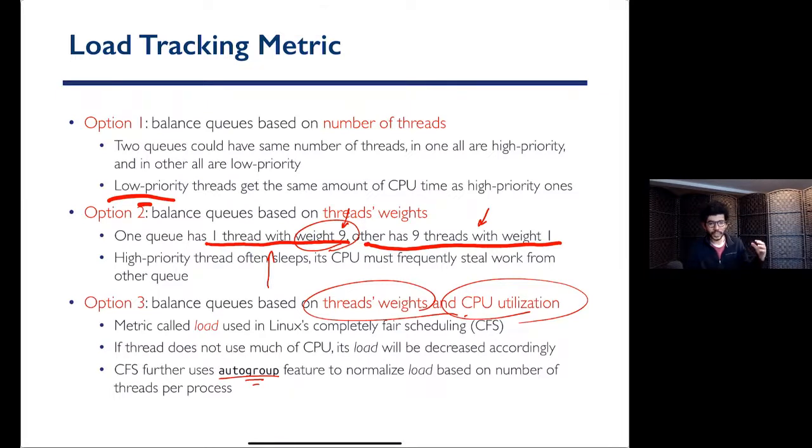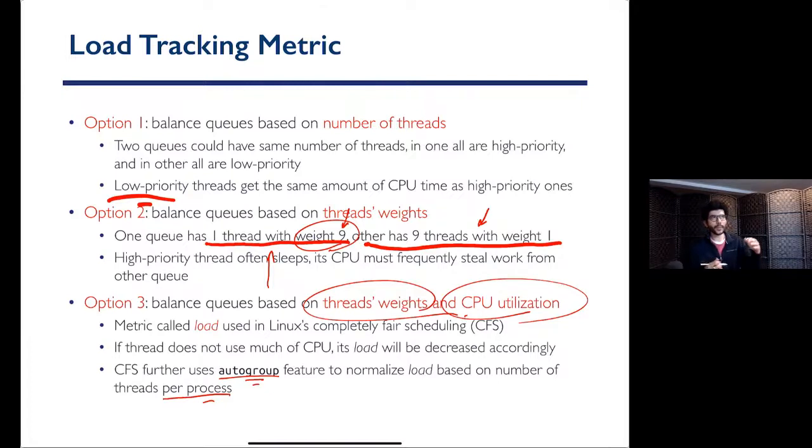So if you initiate a process with weight 9, let's say this is a priority, we give it priority 9, and this thread creates another thread, they both get the same priority, but within the same process. And we'll see how this impacts, because we're going to have per process weights rather than per thread weights.